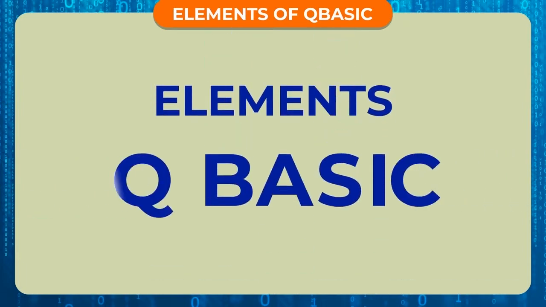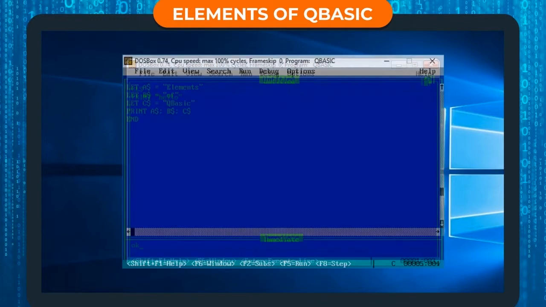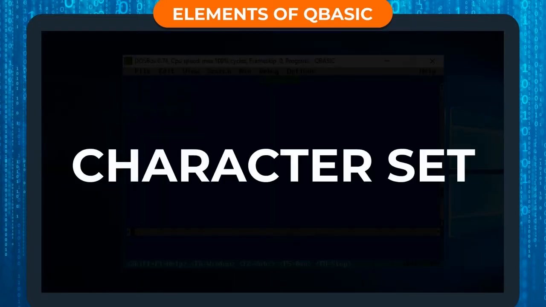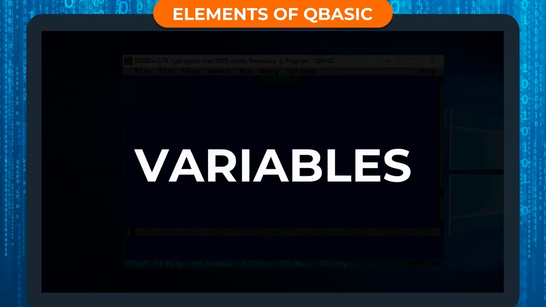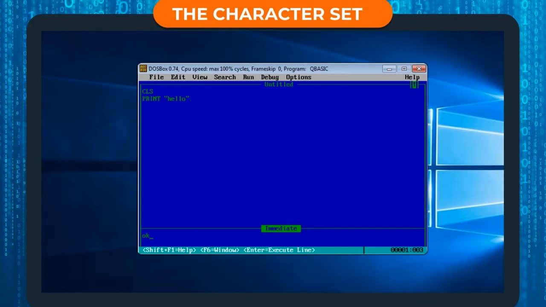Elements of QBasic. Like all programming languages, QBasic is made up of some basic elements. These elements construct the programs written by you in QBasic. These elements are character set, constants, variables, operators, and statements.